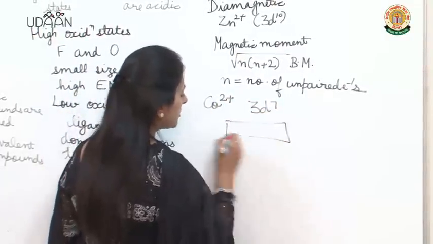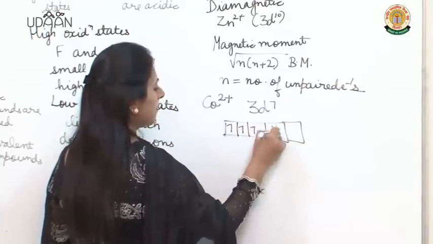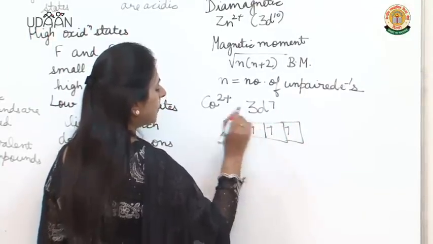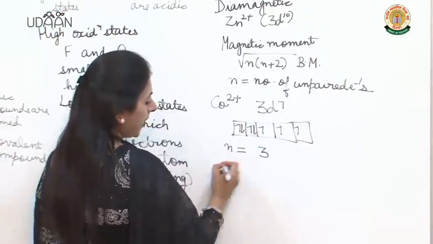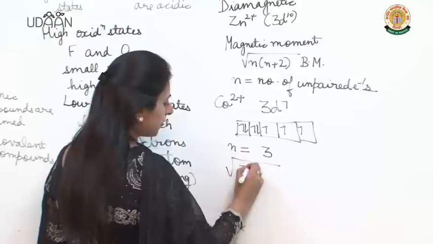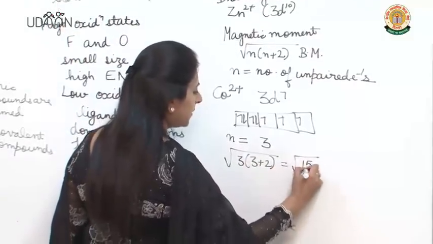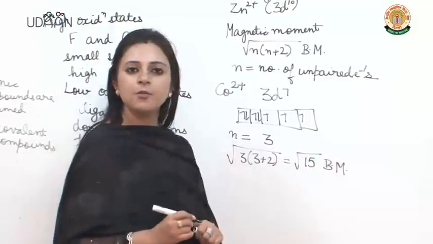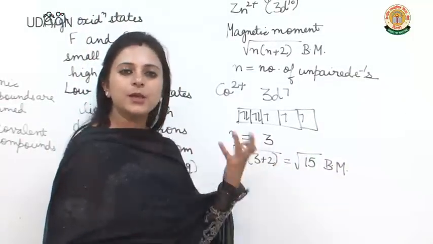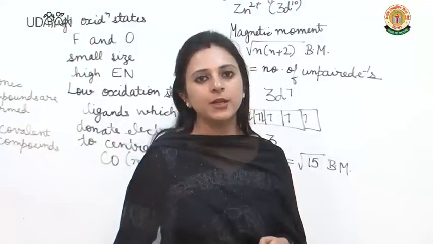I will find out the number of unpaired electrons here: 1, 2, 3, 4, 5, 6 and 7. n is equal to 3. I will substitute it in the formula, so it will become under root 15 Bohr magneton, which is a unit of magnetic moment. So as the paramagnetic character increases, the magnetic moment will increase.